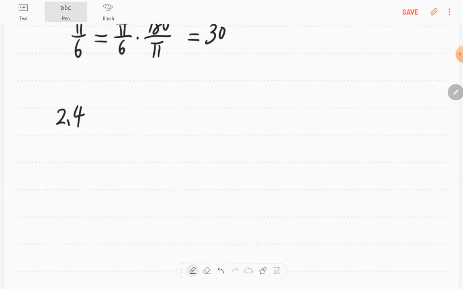What is the degree measure? 2.4 equals 2.4 times 180 over pi degrees. Each radian equals 180 over pi degrees, so we multiply together, then use your calculator. It would be 137.5 degrees.